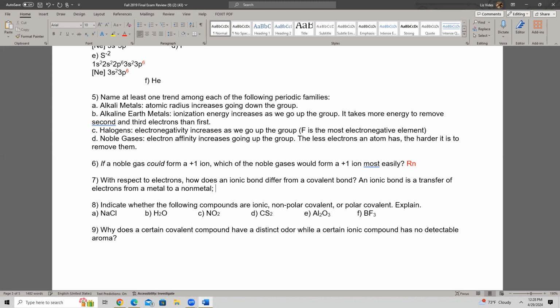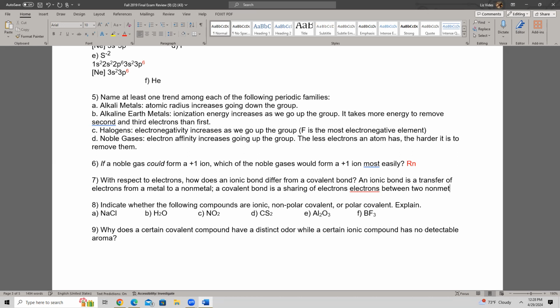And then a covalent bond is a sharing of electrons between two non-metals.